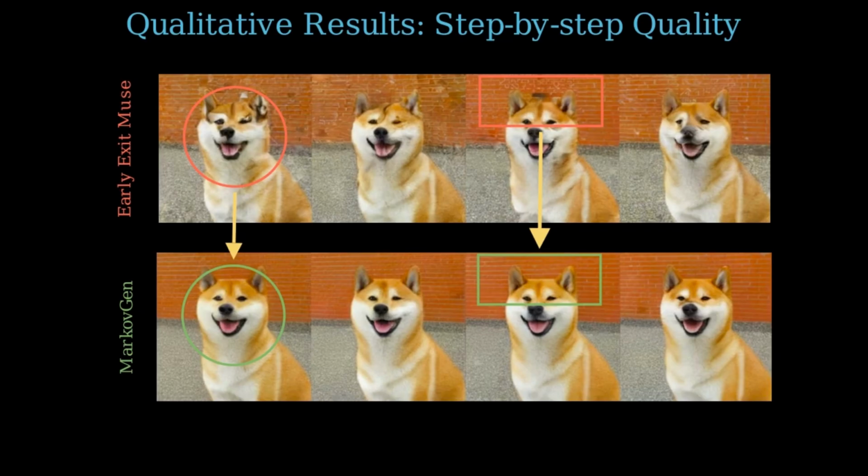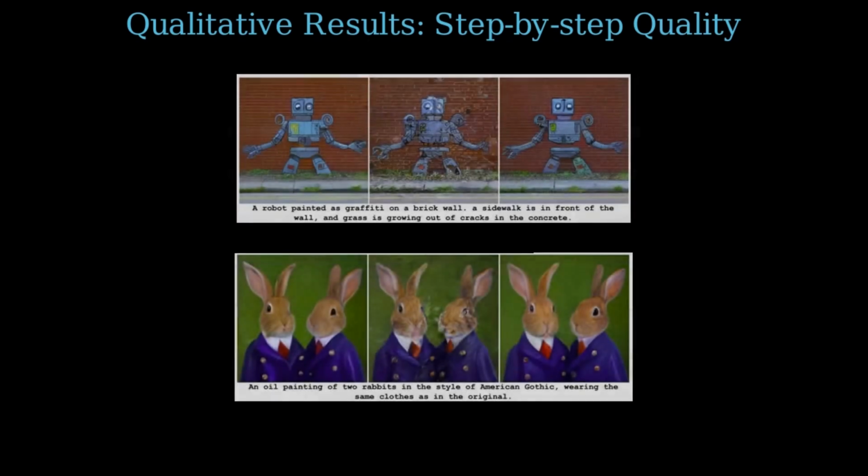Now, let's compare this to Markov Gen. By employing our novel continuous time Markov chain framework and iterative message passing, Markov Gen perfectly preserves these crucial structural details. The eye is rendered sharply, and the background texture remains highly consistent. This superior performance is not just an isolated case, it extends consistently across various complex scenes.